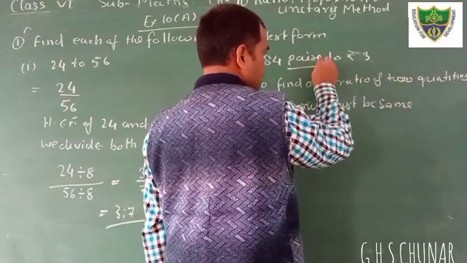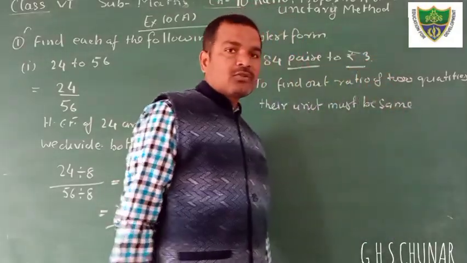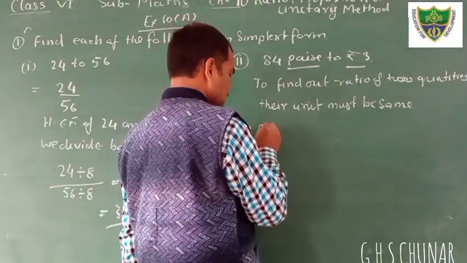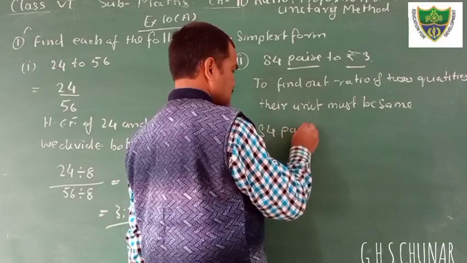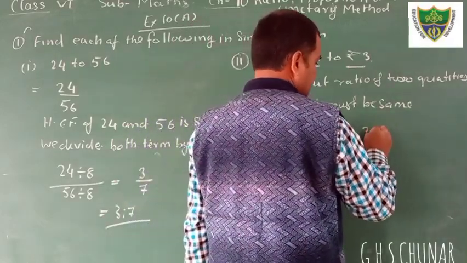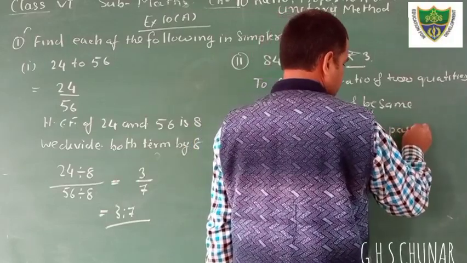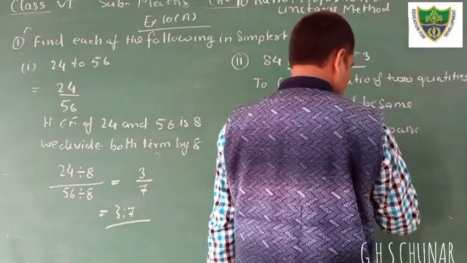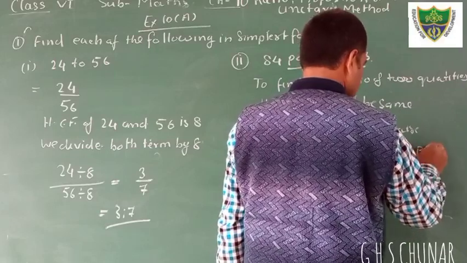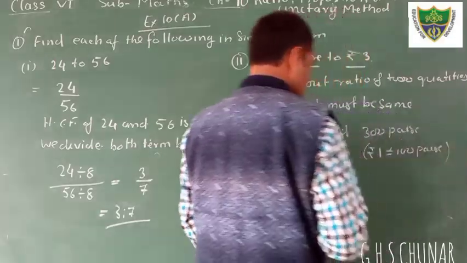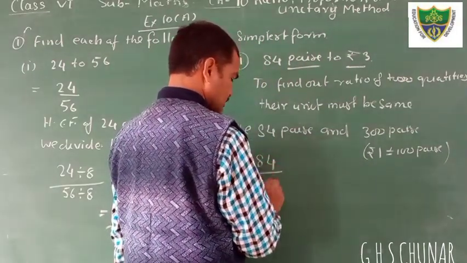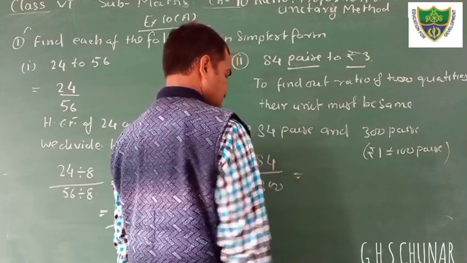Here the unit is paise and here it is rupees, so we convert them into the same unit, that is 84 paise and 300 paise, because 1 rupee is equal to 100 paise. Okay, so now 84 upon 300.